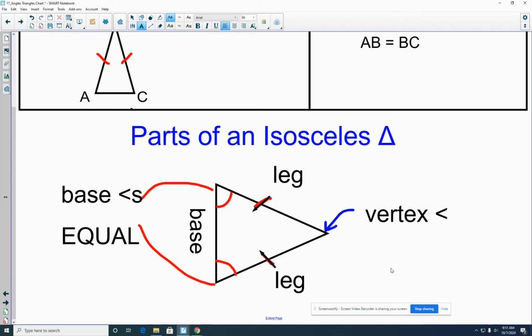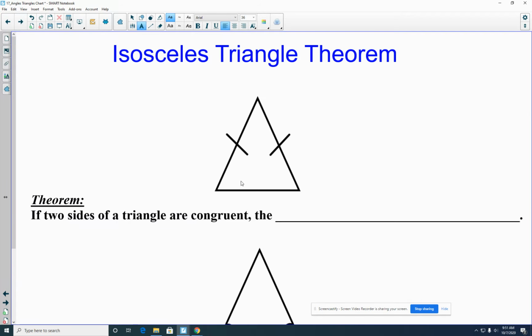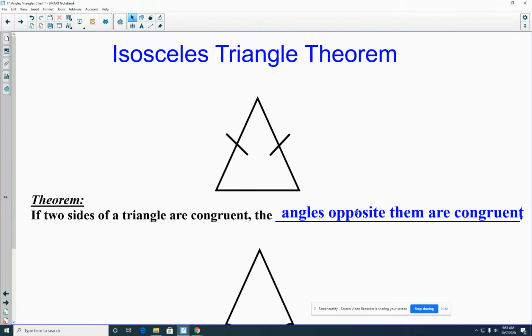Okay. So based on having an isosceles triangle, we can actually form a lot of different theorems. So here's one theorem. If two sides of a triangle are congruent, well, if we have two equal sides, we also have two equal angles opposite them. So here are equal sides, and then I go across. Here's one equal angle. Go across, here's the other equal angle.